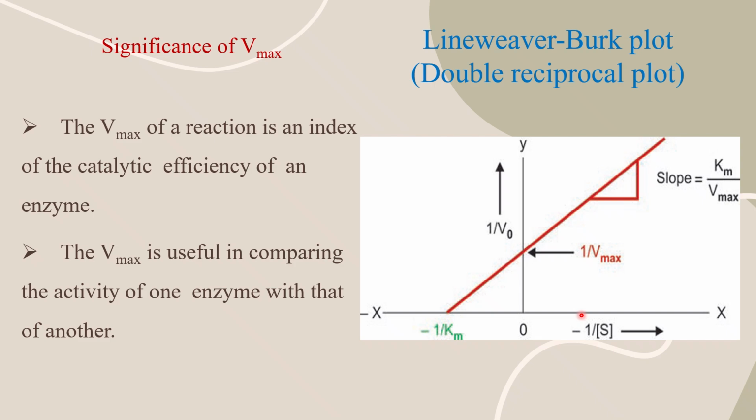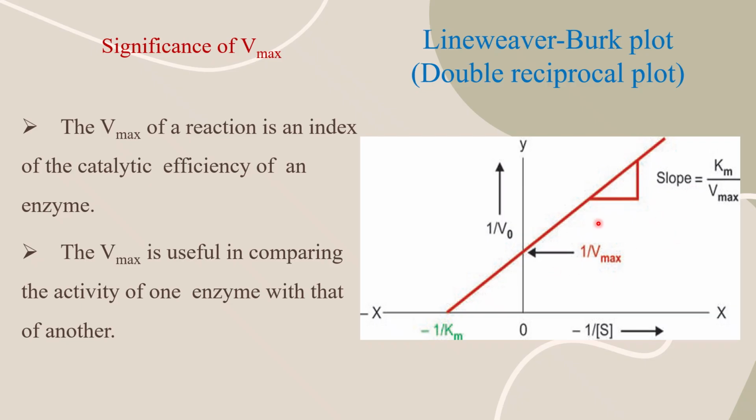So the experimental data at lower concentration is plotted as a reciprocal. Instead of V, we have taken 1 by V0 here, and the substrate concentration we have taken in reciprocal. Because two major variables have been reciprocated, this graph is known as the double reciprocal graph.